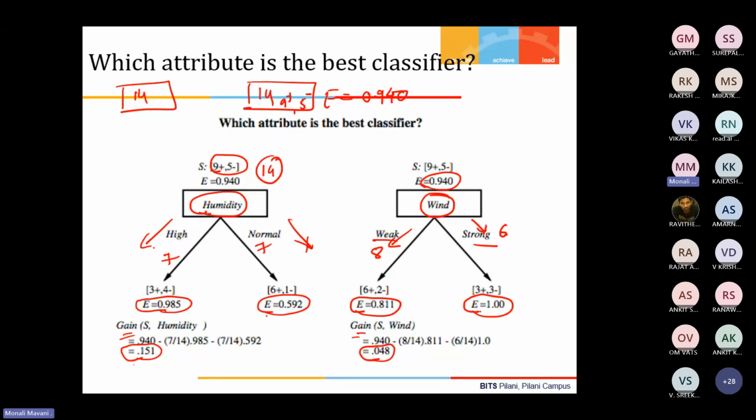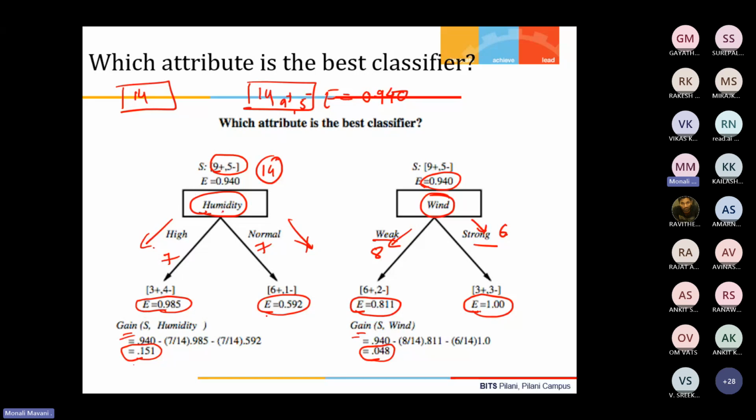After splitting that, I should get higher information gain or lower entropy. That means the node impurity should be reduced and the information gain should be increased. So the entropy value will be less and the information gain value will be high when you compare different attributes.